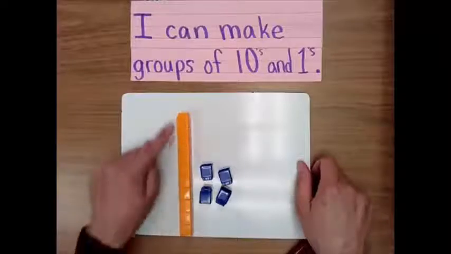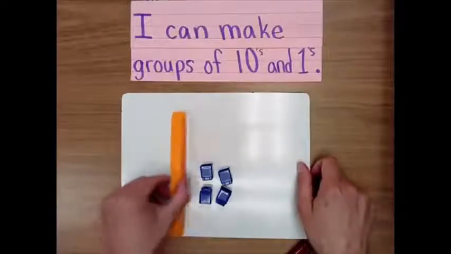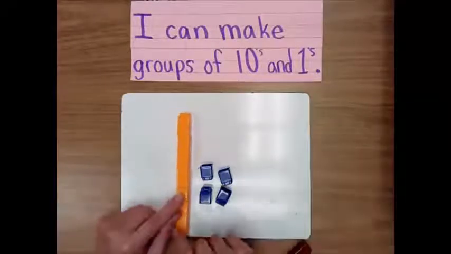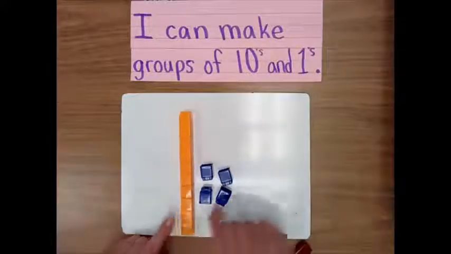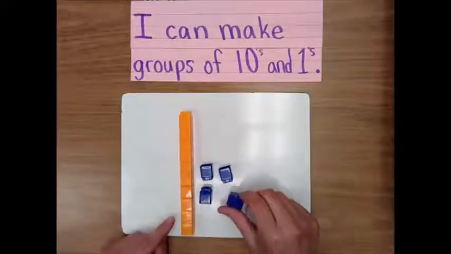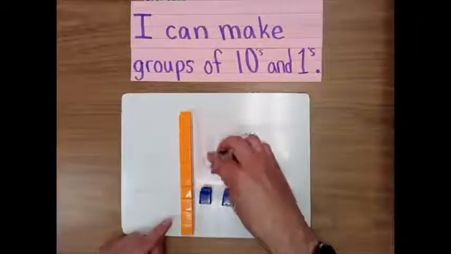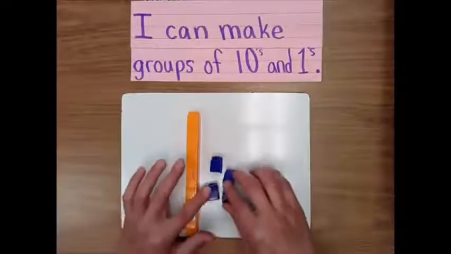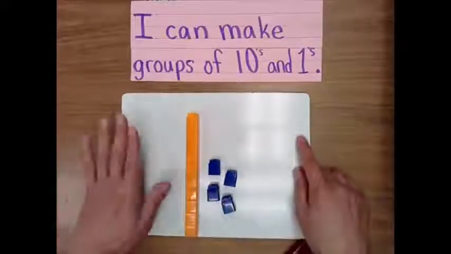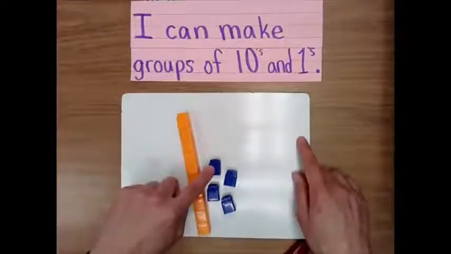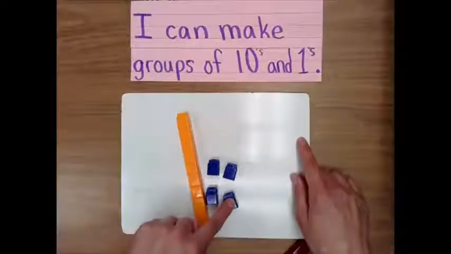So this group right here, this stick that I made, is a 10 stick. Now I have one 10 stick, and these blocks I'm just going to call ones. And I have 4 ones. So how many blocks do I have? Well, let's see. I could say I have 10, 11, 12, 13, 14.